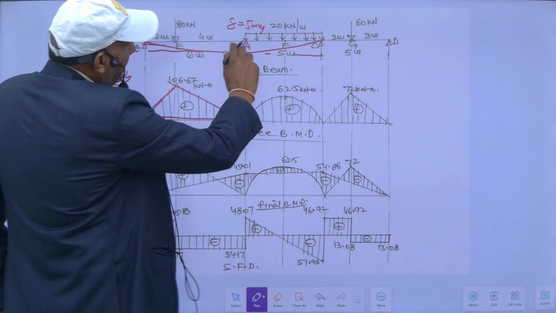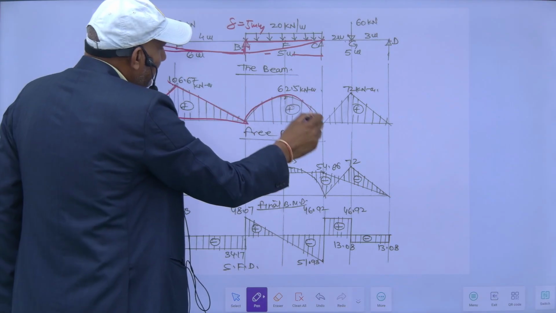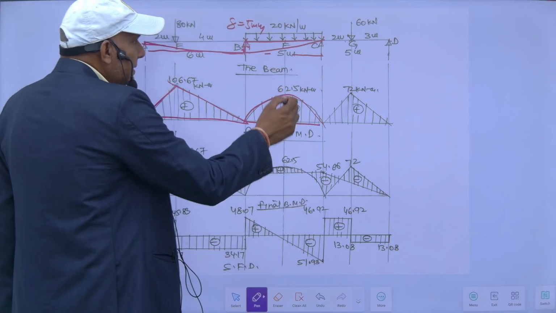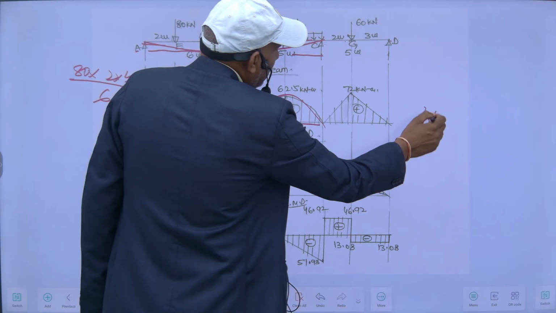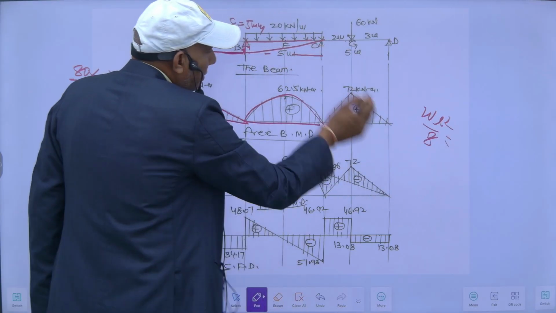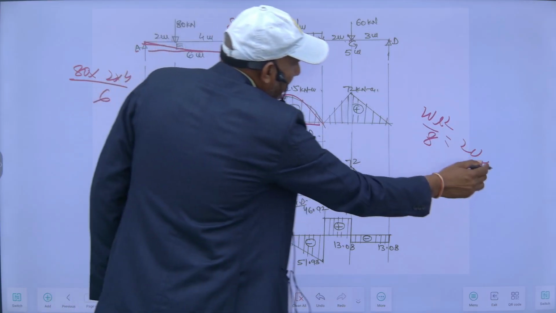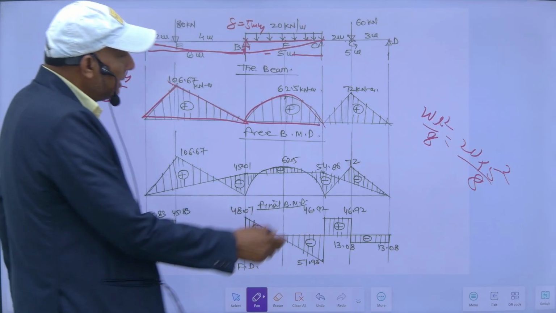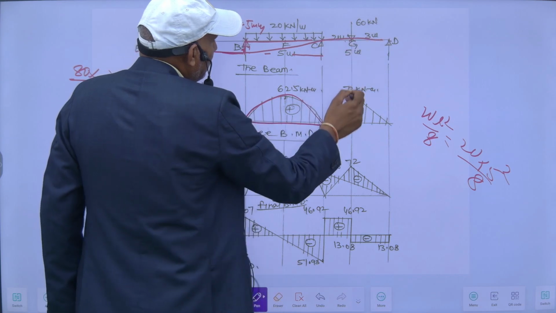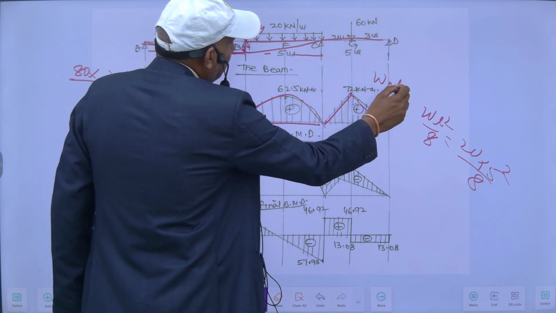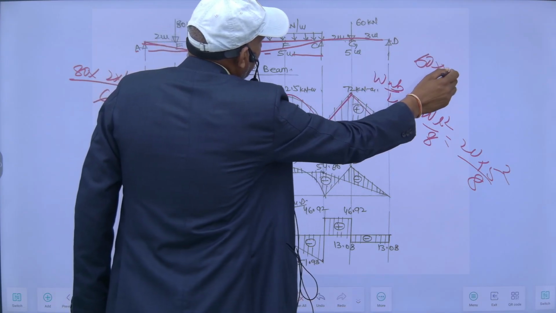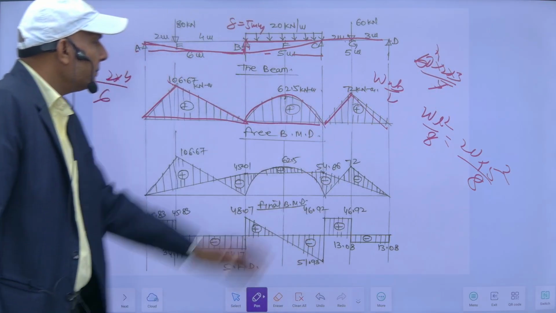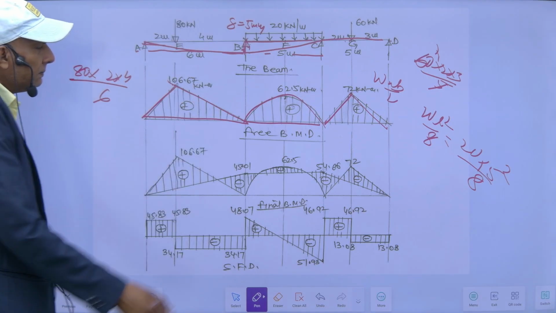For span BC, treating it as simply supported, this will be the free BMD, and this ordinate is WL square by 8, where W is 20 and L is 5 meter, square upon 8. So I will get 62.5. Similarly, this is the eccentric load, so this will be W a b upon L, 60 into 2 into 3 upon L. So I will get 72 kilonewton meter. This is the ordinate.